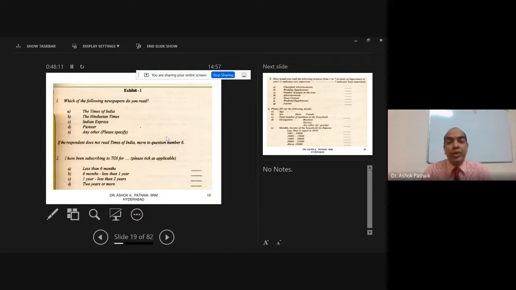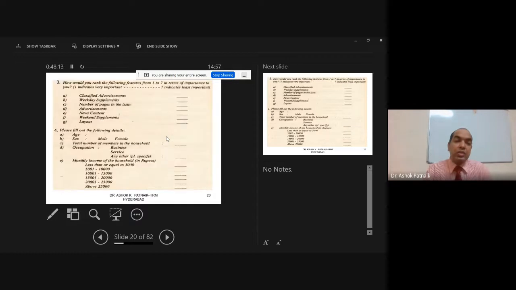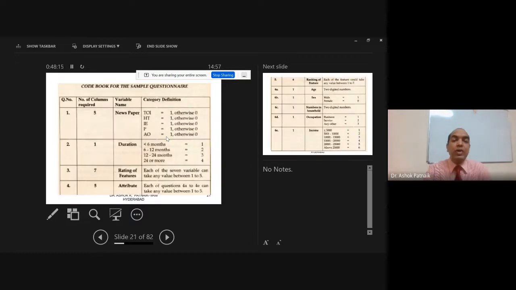So as a researcher, you need to give a coding. Like you can see here, Times of India will be given 1, and if somebody chooses Times of India, he will be given 1 in the calculation. And if he chooses other papers like HT, then HT will be given 1, and the other options will be given 0. So this is how it can be done. Otherwise, you can also give 1, 2, 3, 4.